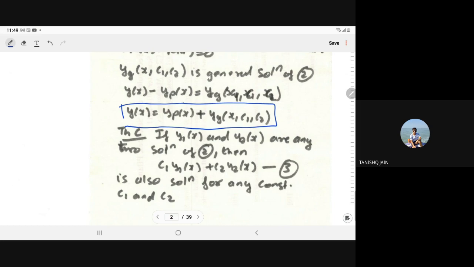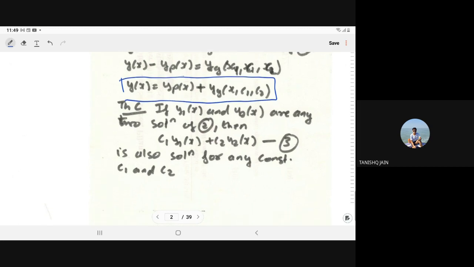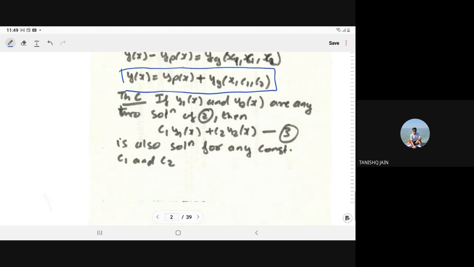Clear these two theorems? Then theorem C: if y1 and y2 are any two solutions of the second equation, then c1 y1 plus c2 y2, a linear combination of solutions, is also a solution for any constants c1 and c2.